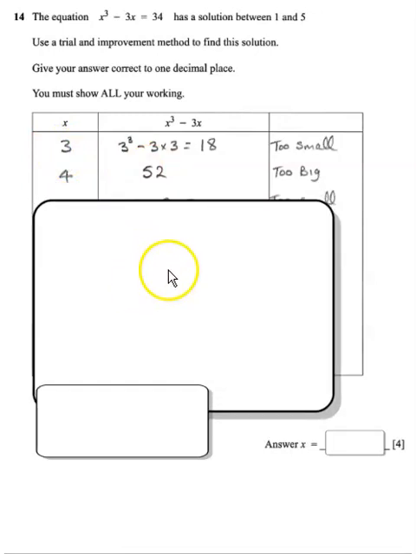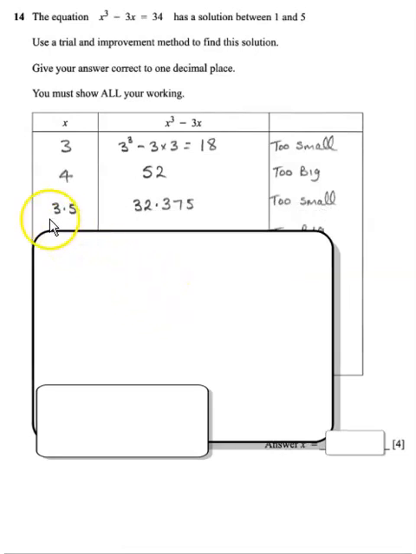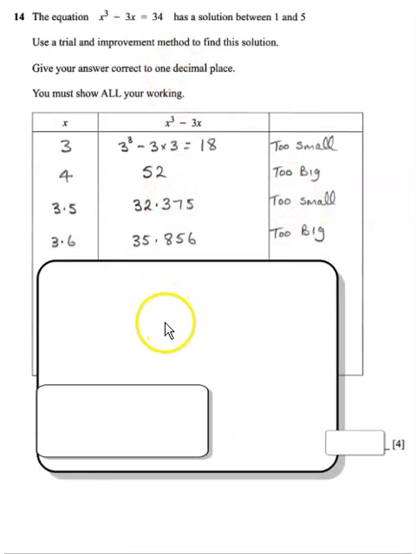So when we move on, I pick a number that's halfway between 3 and 4. So 3.5, we substitute it in, and we should get 32.375, which is too small compared to 34. And 3.6, we move up to 3.6, which is 35.856.